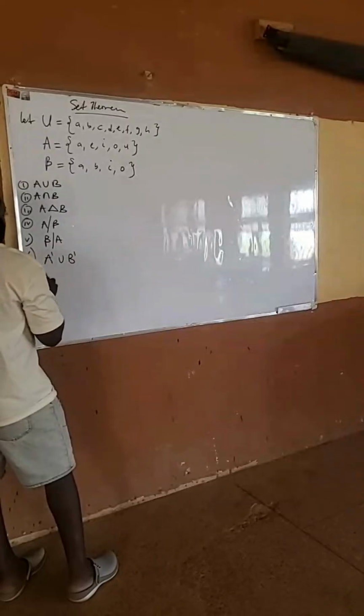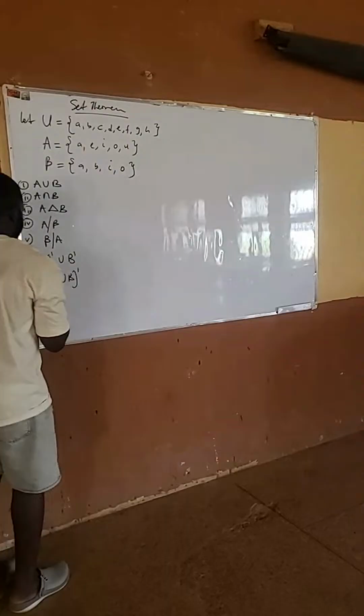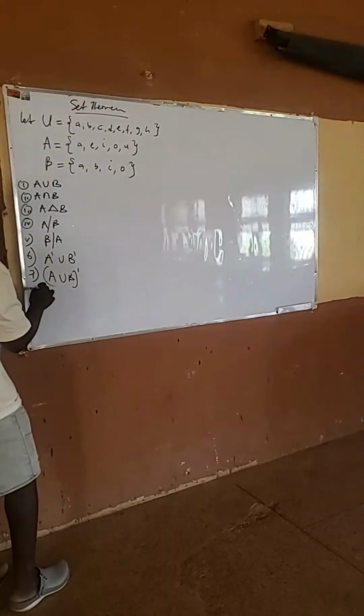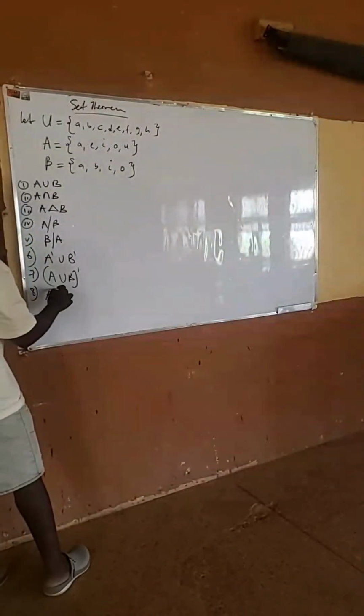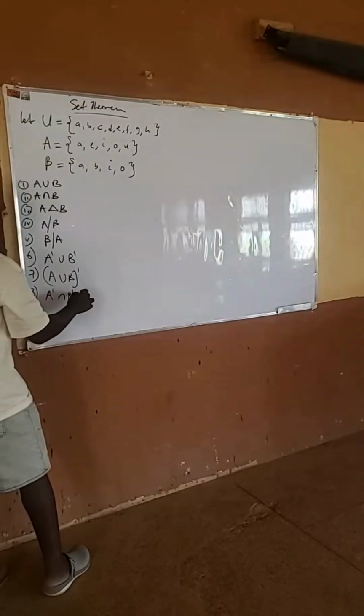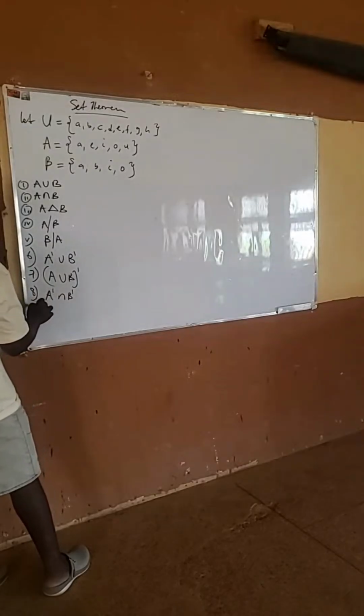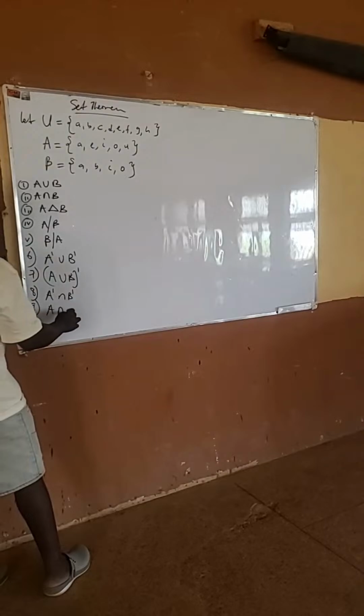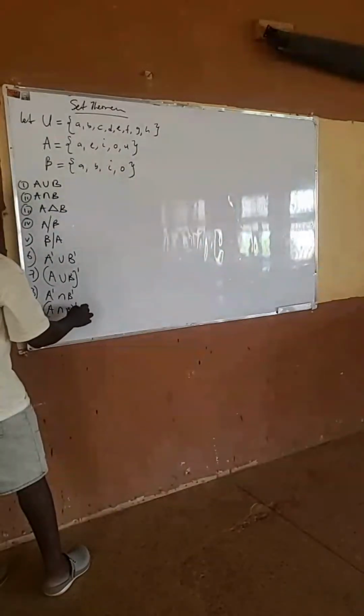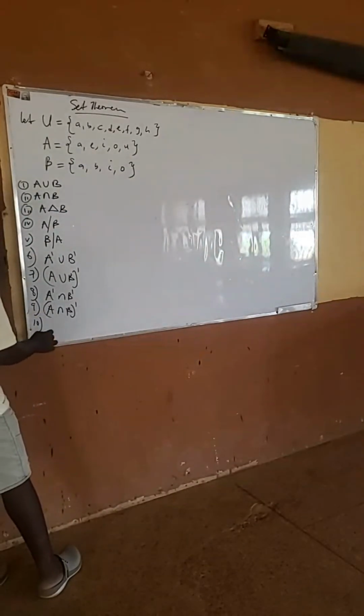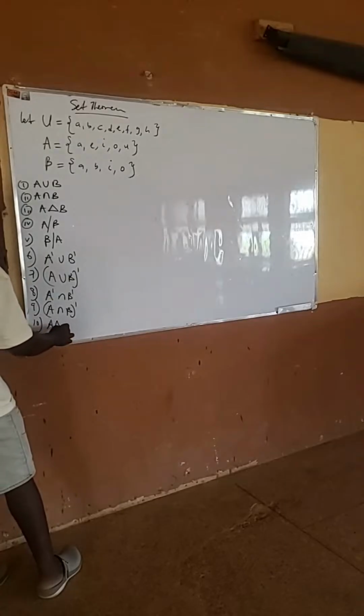The seventh question says we should find A union B all prime. The eighth question says we should find A prime intersection B prime. The ninth question says we should find A intersection B all prime.